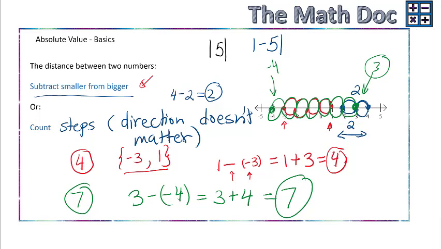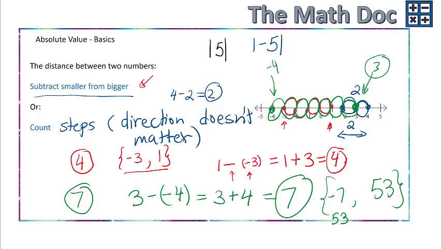Now, why do we have two ways of doing this? Well, sometimes counting steps is not very practical. If we're looking at the distance between the number -7 and 53, for instance, we don't really want to have to count the steps. That'll take too long. What we can do is use the subtraction.